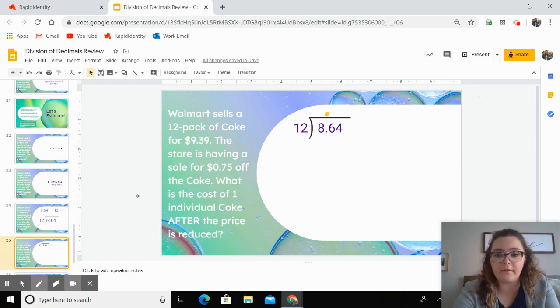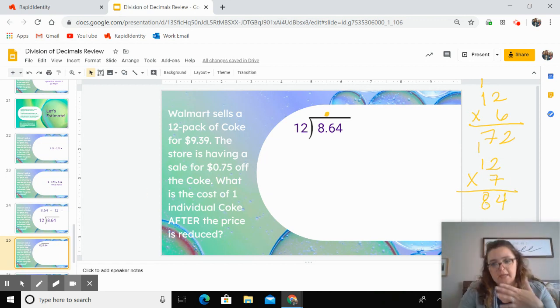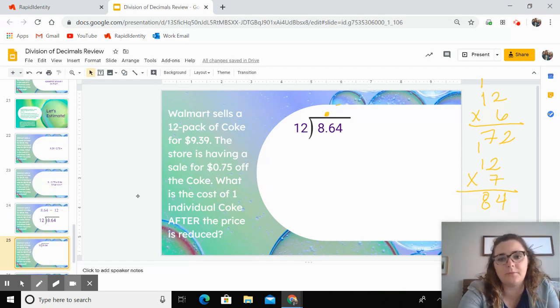If you don't know your facts of 12, you can also go off to the side and just try, like we could try 6. Can we get any closer with 7? We can, and it gets us to 84. We can't get any closer to 86 than that. So my 7 goes here. 7 times 12 is 84.